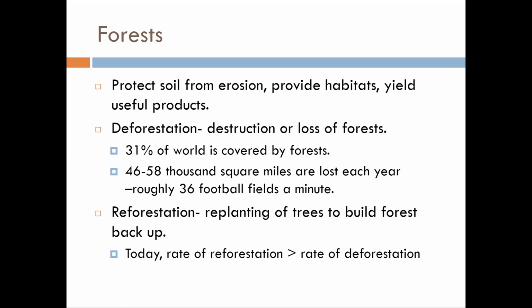Okay, so we're losing 36 football-sized fields of forest, okay, to deforestation every minute. Okay, kind of crazy to think about, right? 36 football fields, that's quite a big area, especially every minute.